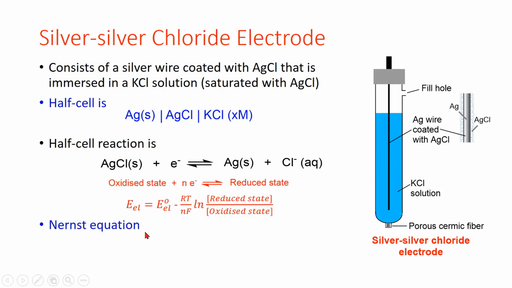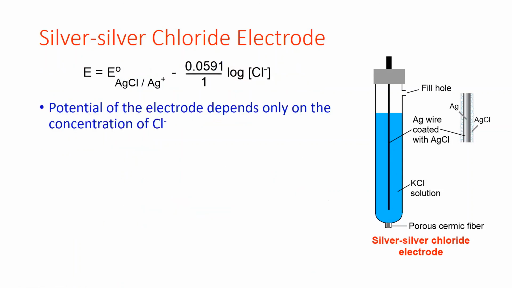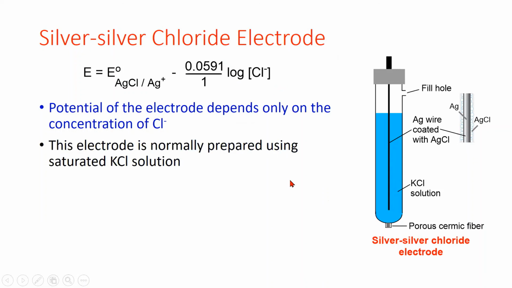The Nernst equation for the electrode can be written as E electrode is standard reduction potential minus 0.0591 log of chloride ion concentration. The potential of the electrode depends only on the concentration of chloride ions. This electrode is normally prepared using saturated KCl solution.